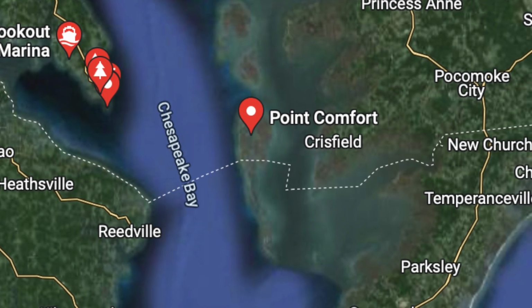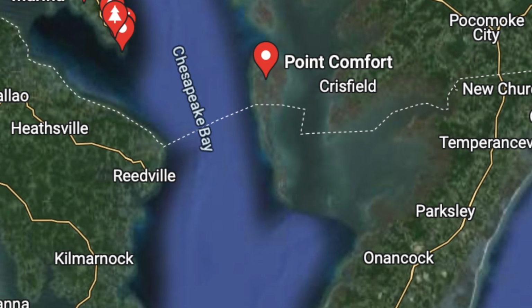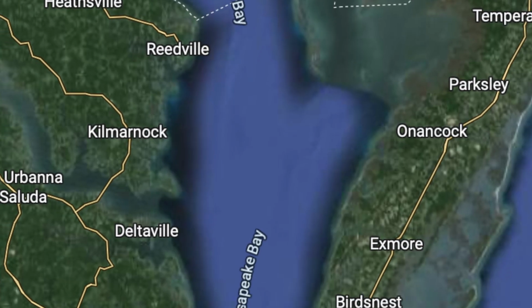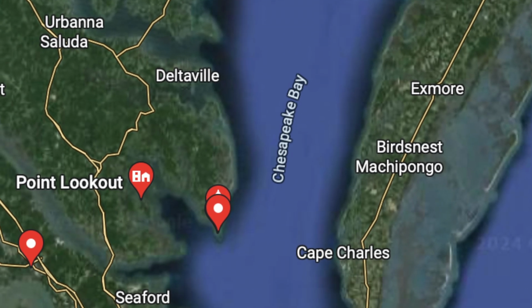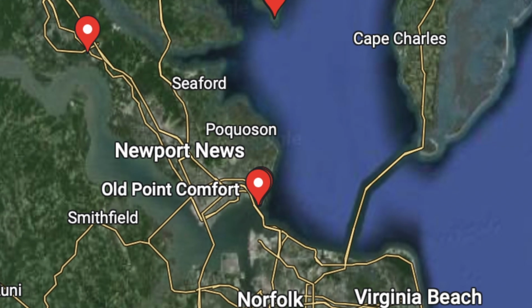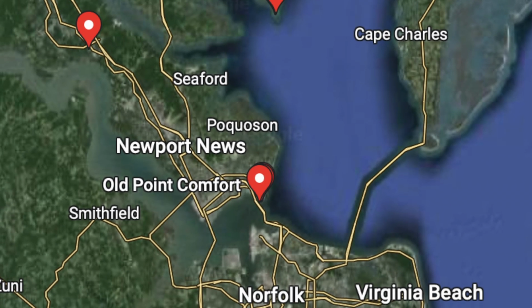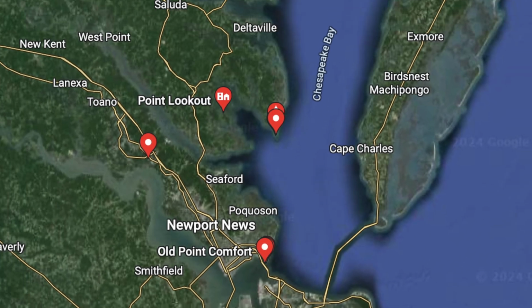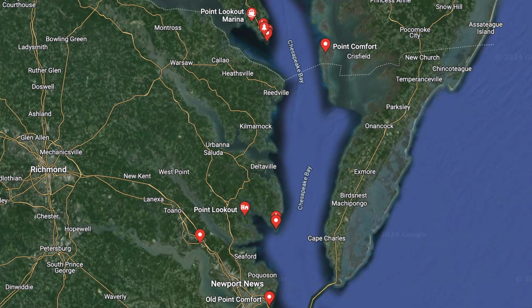Then you have Point Comfort on Smith Island to the east of Point Lookout. And then further to the south, you have New Point Comfort, which is further south than everything else. So although these areas are close, being that they're several miles apart from each other, they aren't the same place.